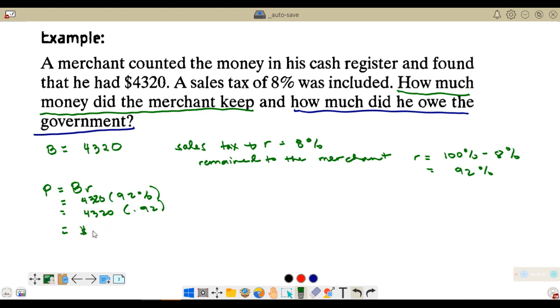Lagay natin yung currency, dollars. 3,974 dollars and 40 cents. So ito yung matitira kay merchant using our formula PBR.